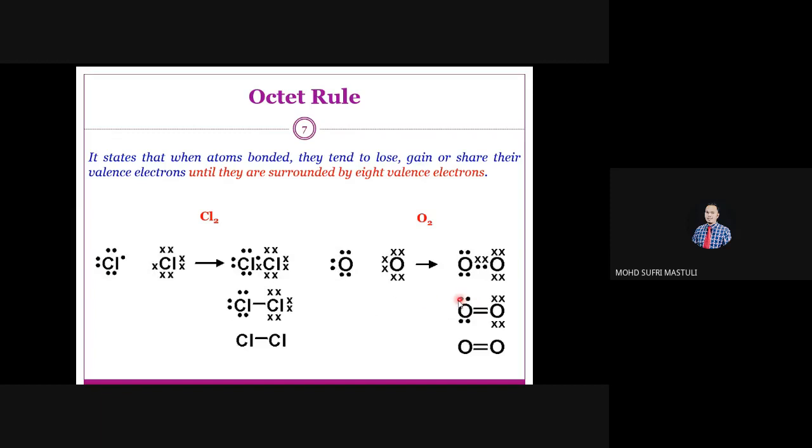Again, this is 1, 2, 3, 4, 4 lone pairs. This is one bonding pair. Even though it's a double or a triple bond, we consider it one bonding pair. So this single is one bonding pair, this double is also one bonding pair.